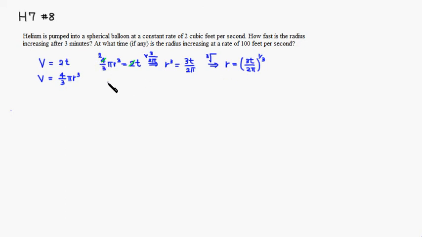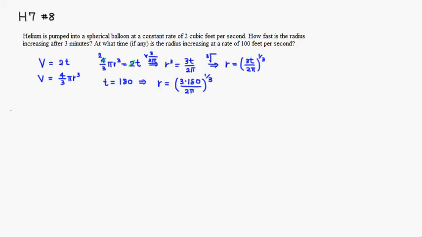So when t equals 180, the radius after 3 minutes is r equal to, we plug in, 3 times 180 over 2 pi, and raise it to the 1/3 power.